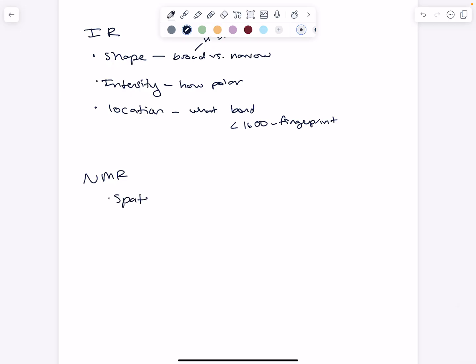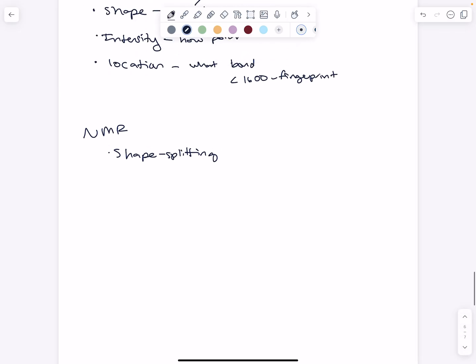For NMR, we learned about the shape. I started to write splitting halfway through. Shape is the splitting, so the singlet, doublet, triplet. We learned about the location. The location has to do with how many electrons are around the hydrogen.